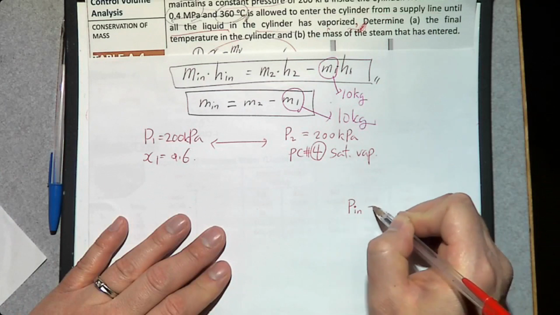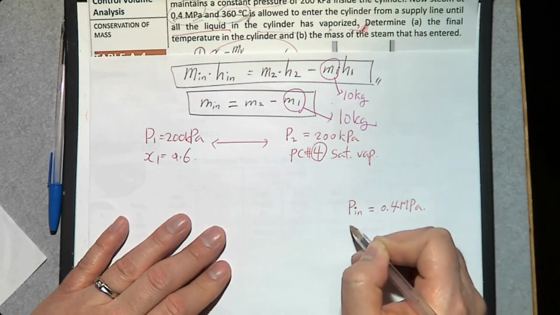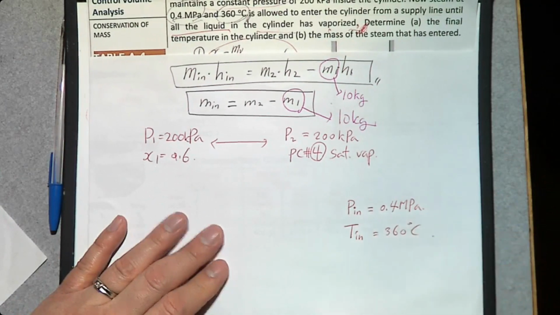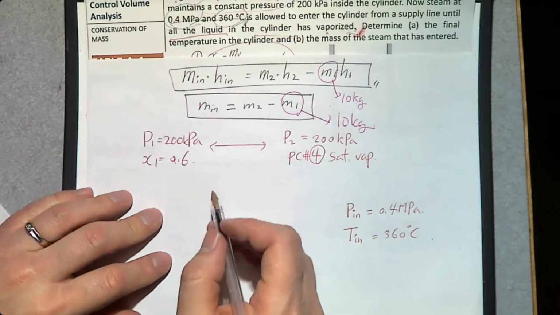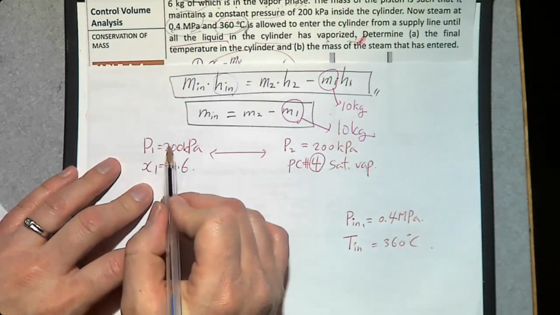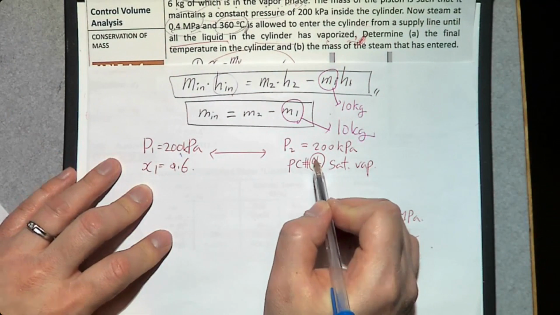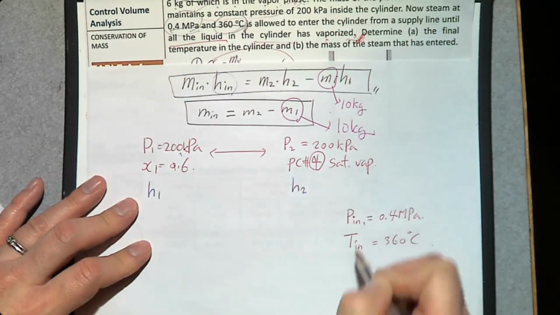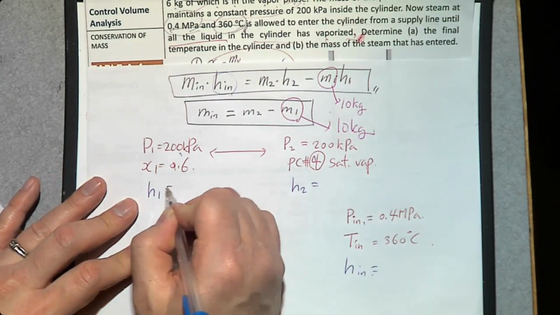P in at the inlet is 0.4 megapascal, and temperature at the inlet is 360 degrees Celsius. Then what do we need? We need to determine the specific enthalpy at the inlet, at the initial condition, and at the final condition. So H1, H2, H in, these are what we need to determine.